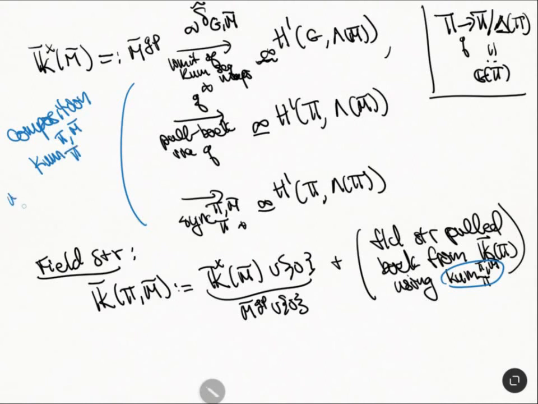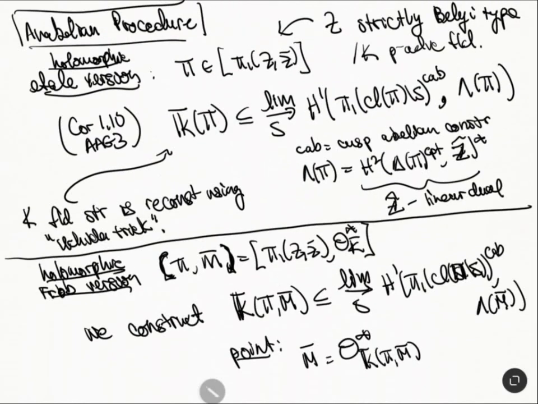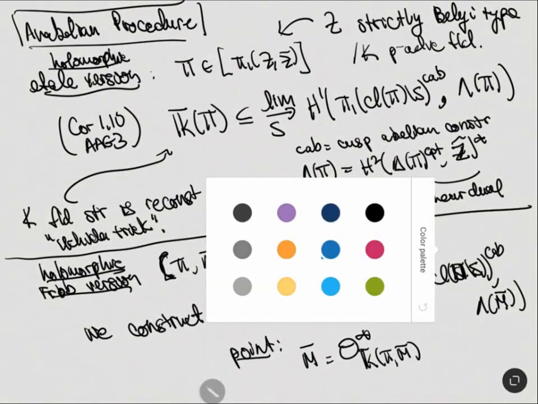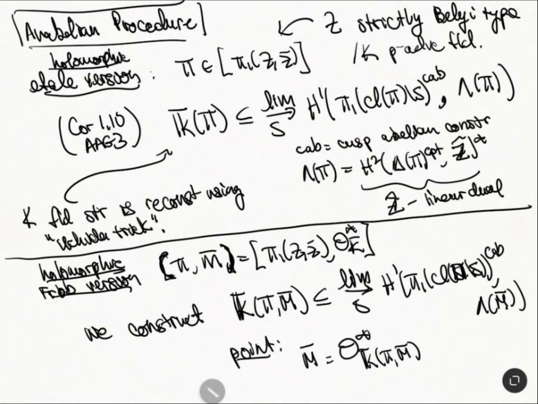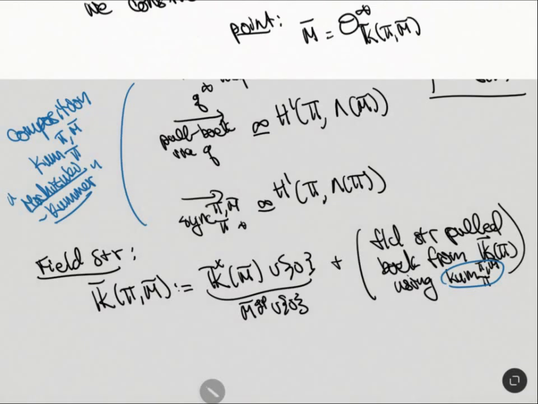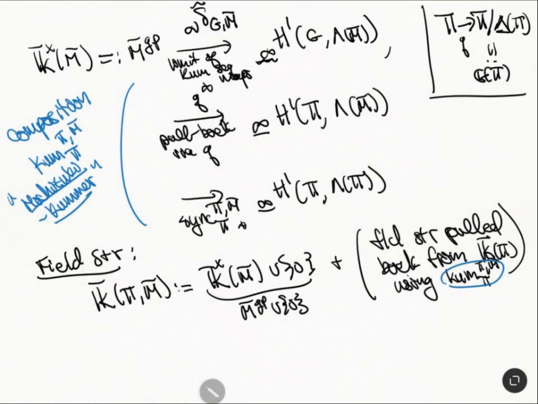So this is what we'll call the Kummer map or Mochizuki-Kummer map. Now we have these two field structures. One is just coming from the fundamental group. The other one is induced via cyclotomic synchronization, the one that uses this bilinear form.